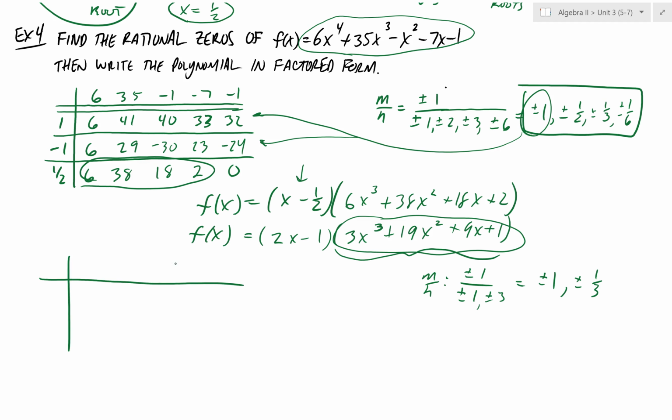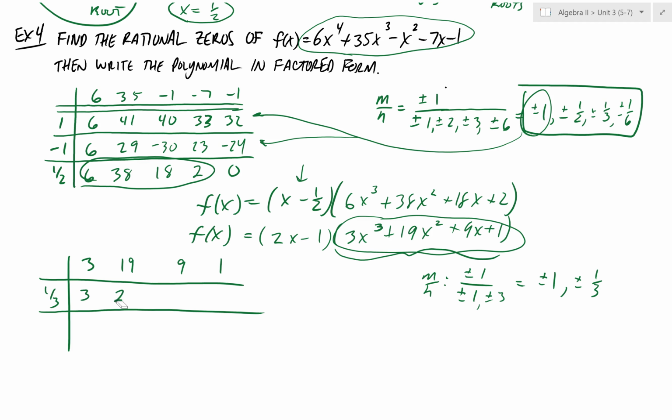So now my new table is going to have 3, 19, 9, and 1. And we'll start with 1/3. That is 1/3 of 3 is 1. Add it, you get 2. 1/3 of 2. Wait, don't you get 20? Oh, sorry, that's 19. I was thinking that was a 1. So you're right. It's a 19.